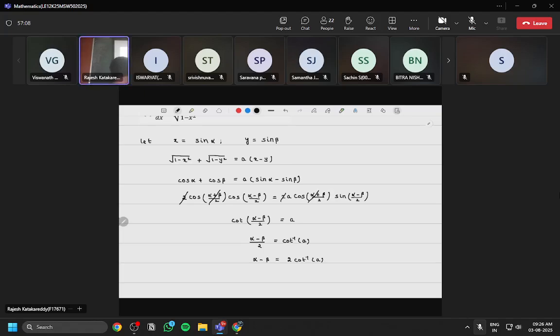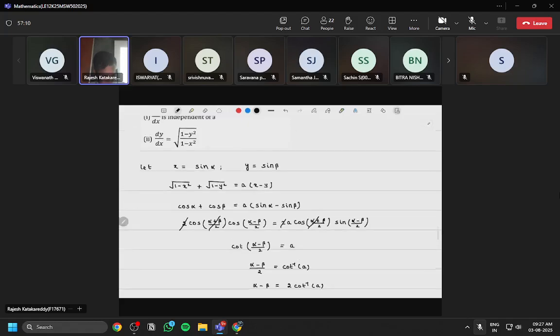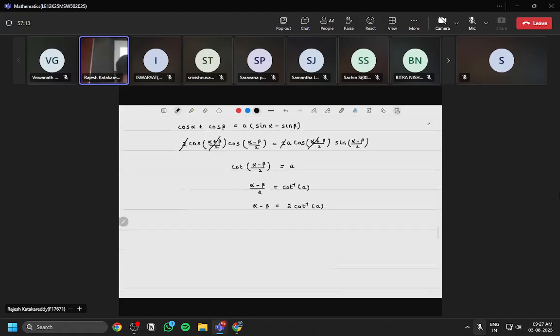Back substituting alpha and beta. Alpha is sine inverse of x, beta is sine inverse of y. I think I should use inverse trigonometric function differentiation. If I say differentiation with respect to x on both sides, right?